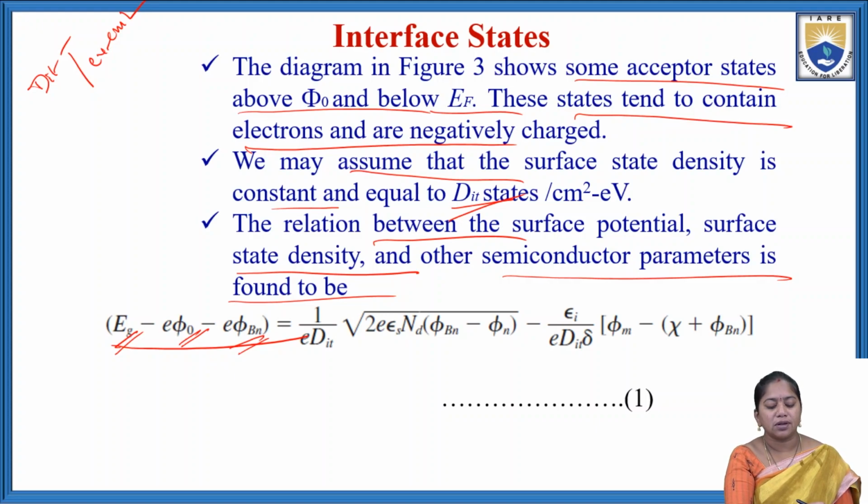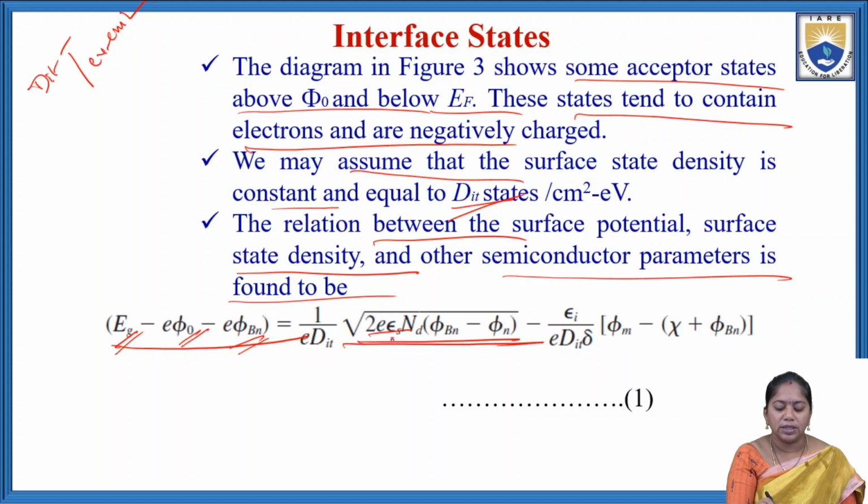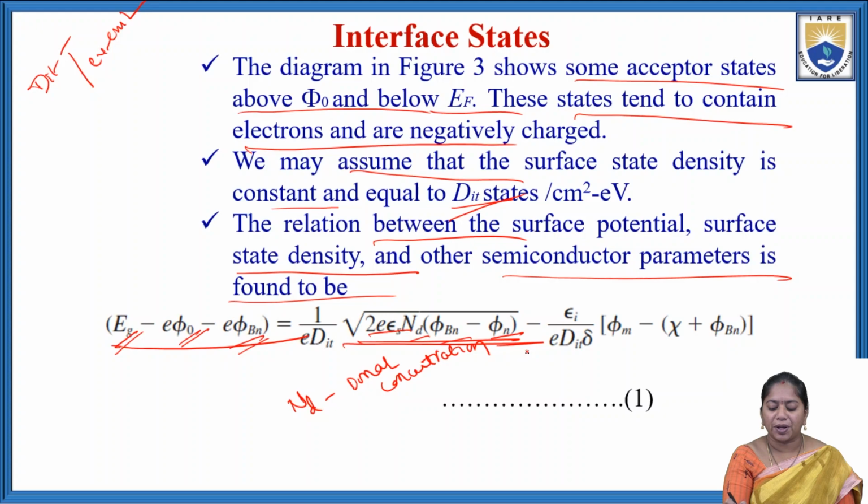It equals 1 by q Dit times the square root of 2 q εs Nd (φBn minus φn), where Nd is the donor concentration, and minus εi by q Dit times δ, where δ is the interfacial layer thickness, times φm, the metal work function, minus χ, the electron affinity, plus φBn.